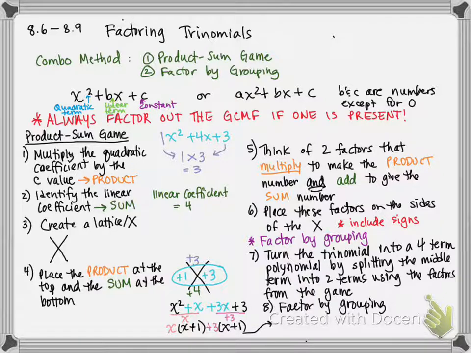So I'm going to continue over here. Our magic happens. Notice the binomial x plus 1 shows up, so we're going to factor that out. And then the second binomial is made up of x plus 3, the coefficients.